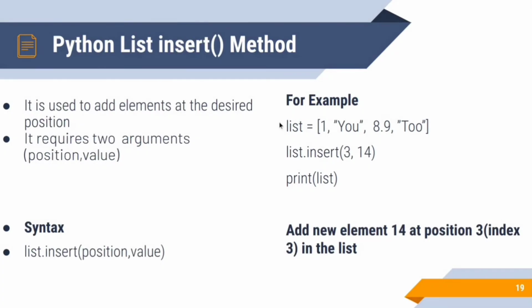Next, the insert method. We can use the insert method for a desired position, and it requires two arguments, position and value. So list.insert(position, value), where position means the index. For example, list.insert(3, 14) will add 14 at index 3.